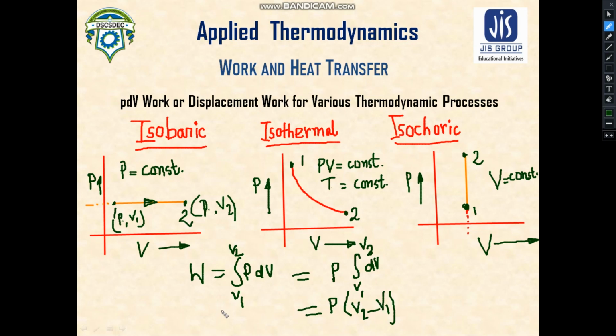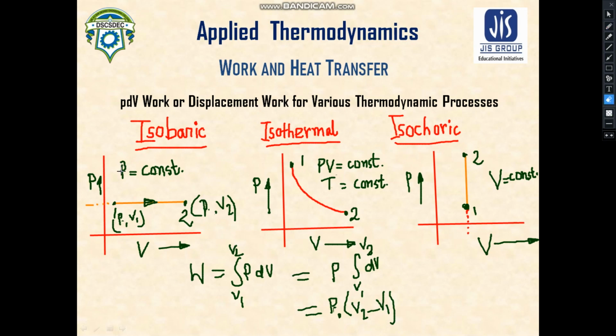So the work done in the isobaric process is P into (V2 minus V1). You have to remember these formulas, and give very much importance to this formula, because to solve different numerical problems, these formulas will be required very much.